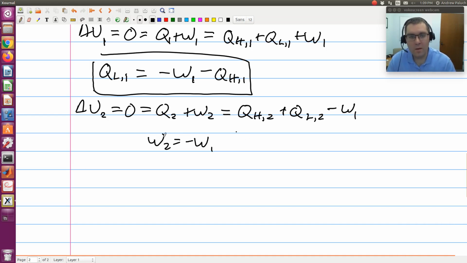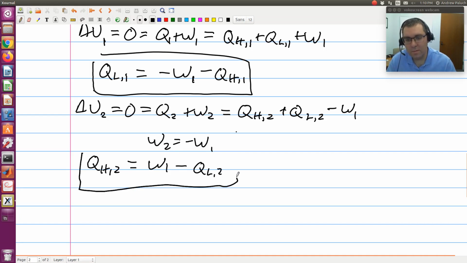So solving, if I want QH2, in this case it's going to be equal to W1 minus QL2, where QL2 we were given. Now a sanity check as we go through this.